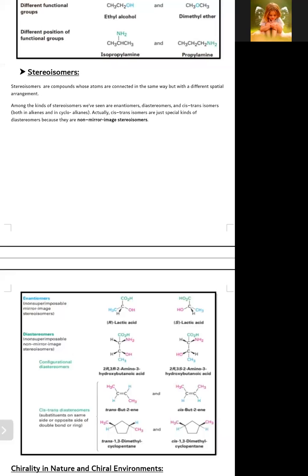Among the kinds of stereoisomers we have seen are enantiomers, diastereomers, and cis-trans isomers. Cis-trans isomers are found in both alkenes and cycloalkanes. Cis-trans isomers are just a special kind of diastereomers because they are non-mirror-image stereoisomers.